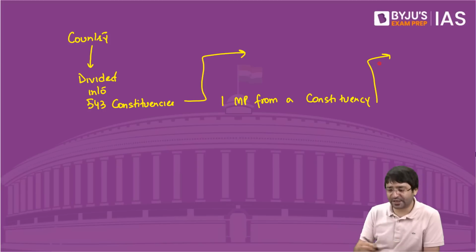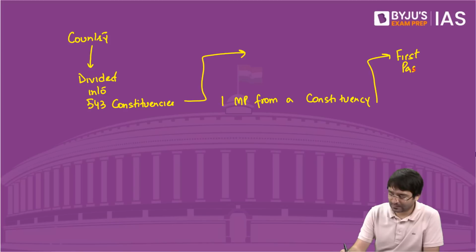This election takes place through a system known as the first past the post system.